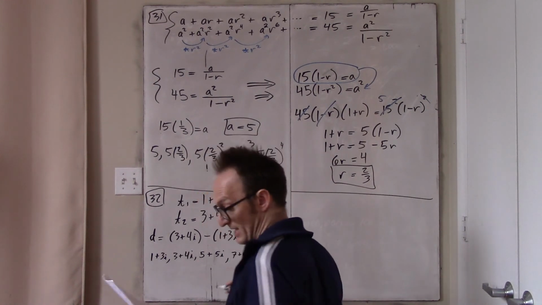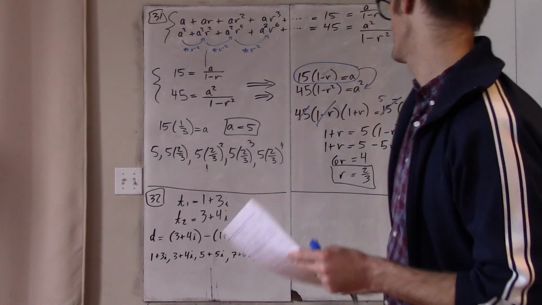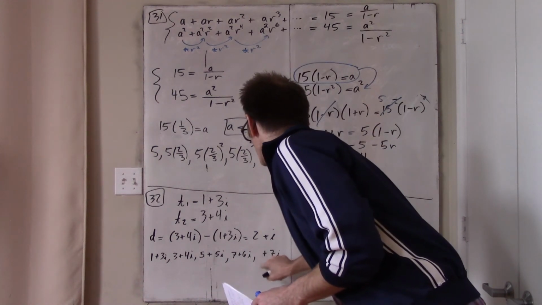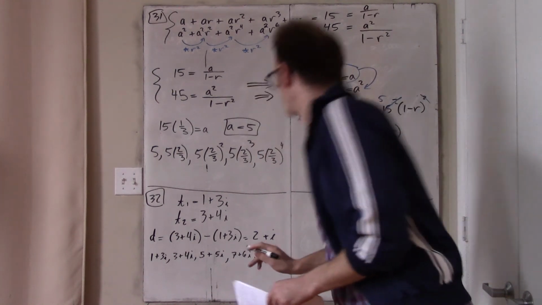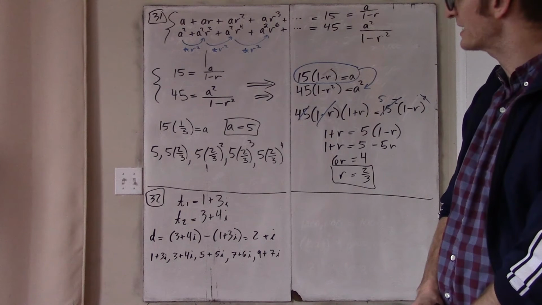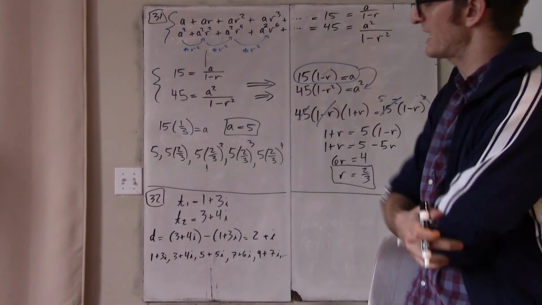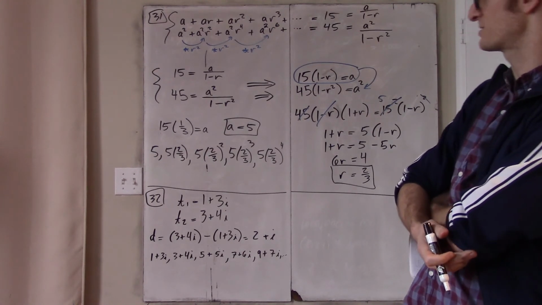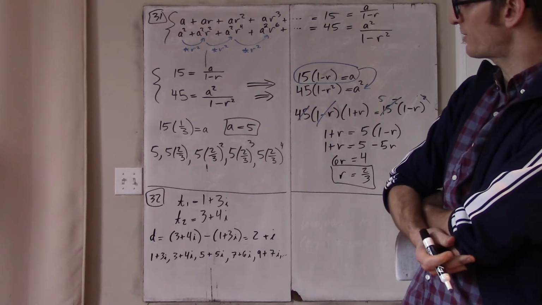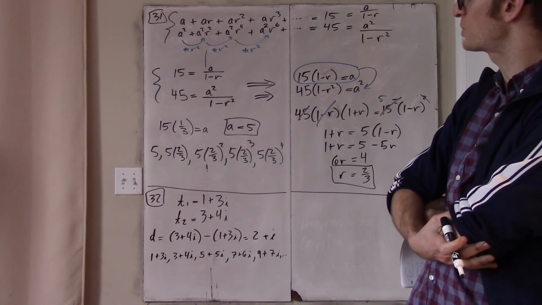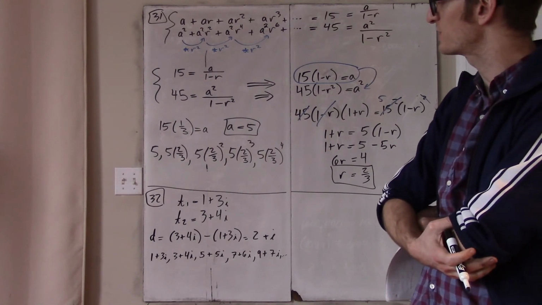I hope I did that right. No, I messed up. This would be 9. Okay. Yeah, so in some ways it's an arithmetic sequence of complex numbers. It's like 2 arithmetic sequences kind of combined. The real parts are forming an arithmetic sequence with d equals 2, and the imaginary parts are forming an arithmetic sequence with d equals 1.